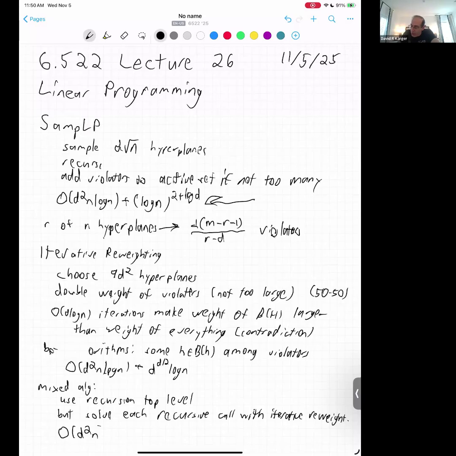So this improves the running time to order d squared n plus d squared log n to the order d. Plus, again, we are running the iterated sampling algorithm on problems of size square root of n.